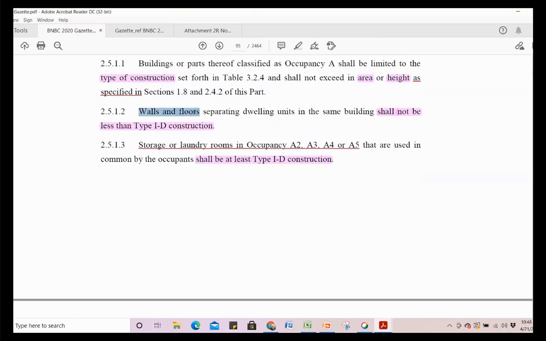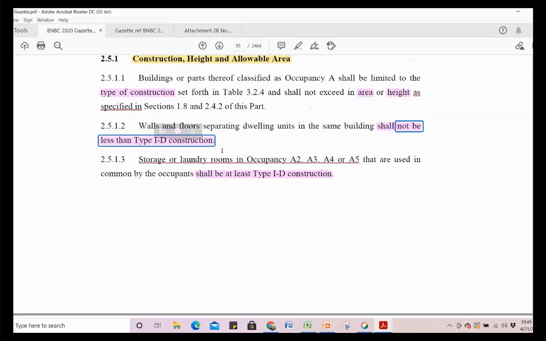About the walls and floors separating dwelling units, it is the exterior walls and floors separating dwelling units, or it might be interior walls where dwelling units are separated by the walls, shall not be less than type 1D construction. So it has to be minimum type 1D construction, that is 1 hour rated construction. So that is the minimum requirement.